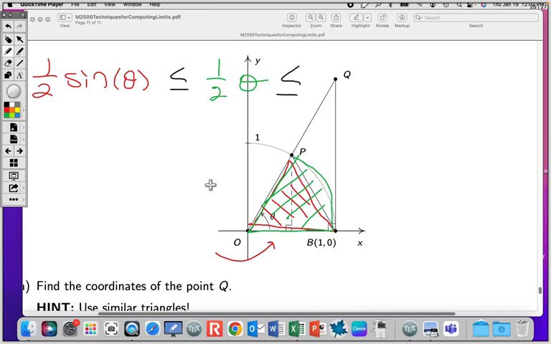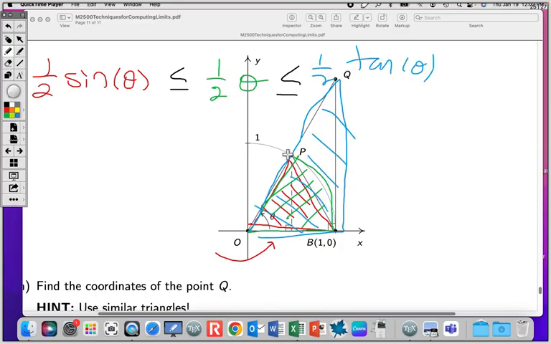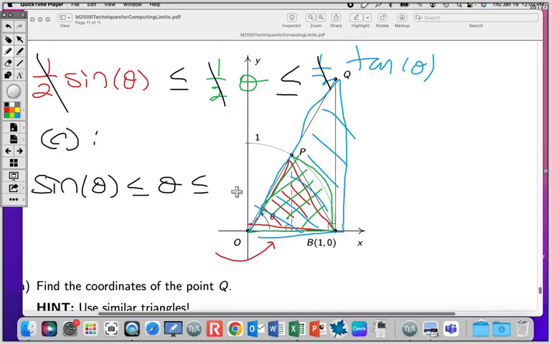And we just got done showing that the area of this triangle is 1/2 tangent theta. And so if we just go through here and multiply through the inequality by 2, all the 1/2 drops out. And that's exactly what they wanted here for part C. They wanted that the sine of theta is less than or equal to theta is less than or equal to the tangent of theta. So you can see we're getting ready here for some squeeze theorem shenanigans.